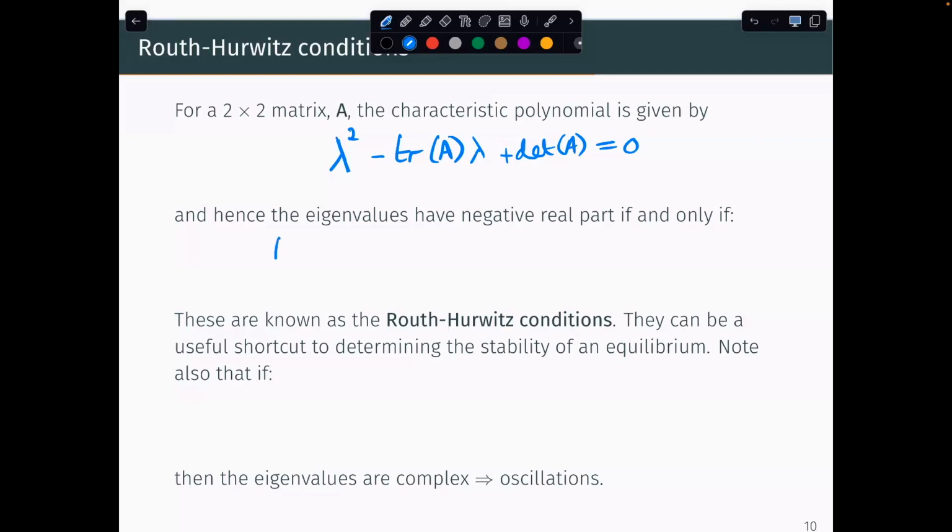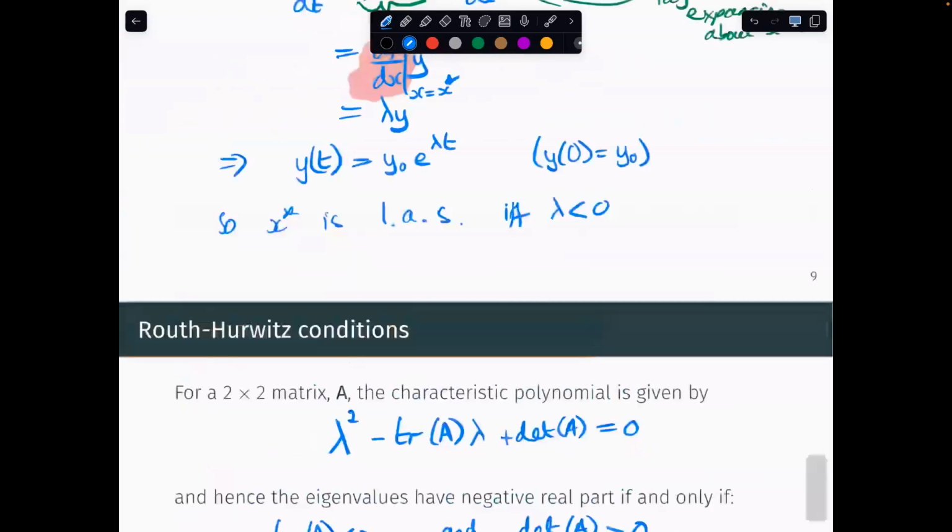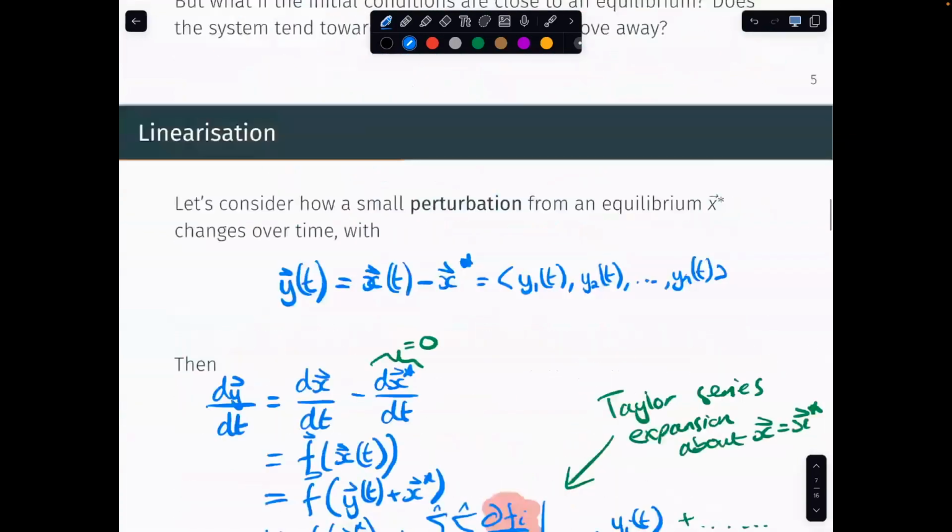Hence, if the trace is negative and the determinant is positive, then our eigenvalues are guaranteed to have negative real part. So when it comes to analyzing these systems, you don't have to find all the eigenvalues. You could just look at your Jacobian, if we go all the way back up to here.